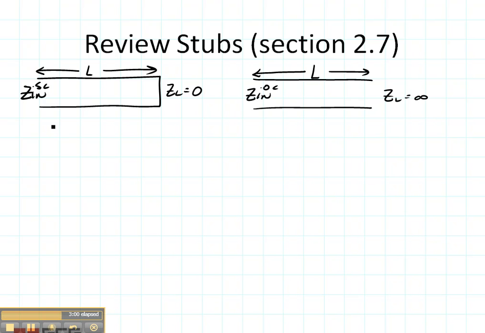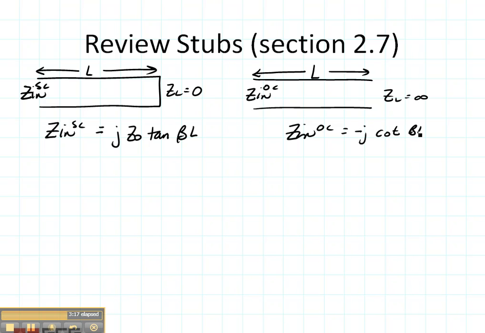So Zin of a short circuit is equal to j Z naught tangent of beta L, and Zin of an open circuit is equal to minus j cotangent of beta L, and there's a Z naught in there.